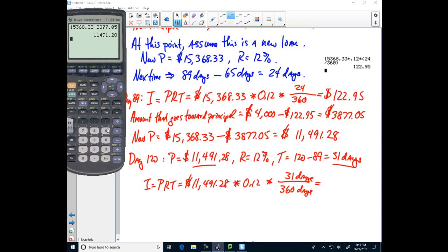Let's see here. I'll just clear all that out. 11,491.28 times 0.12. I can pull the trigger too soon.